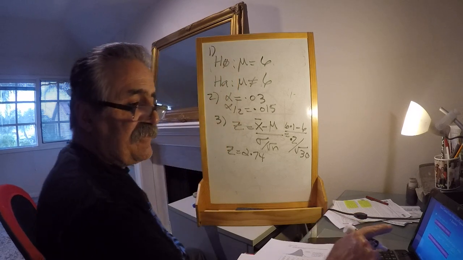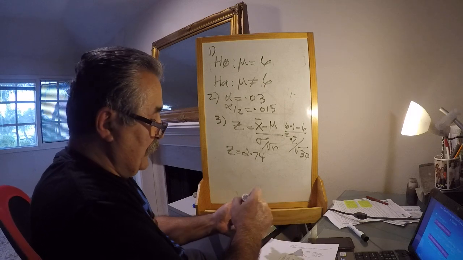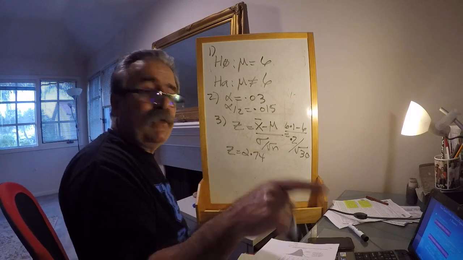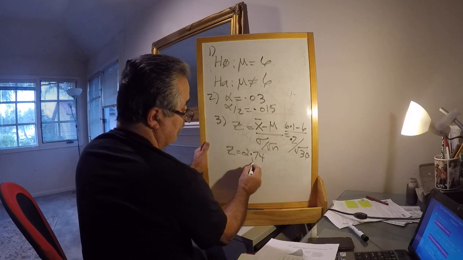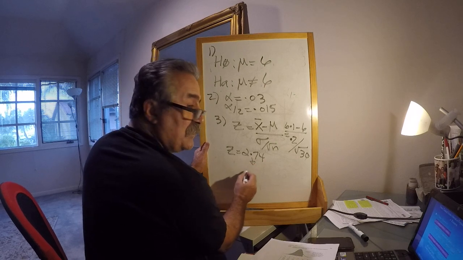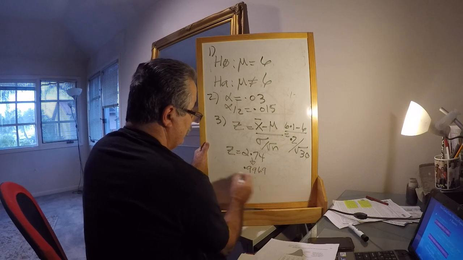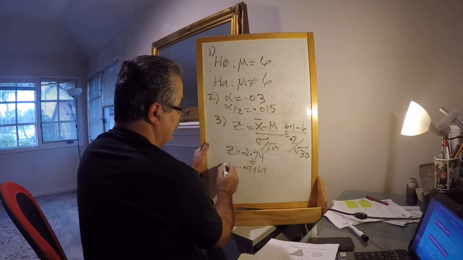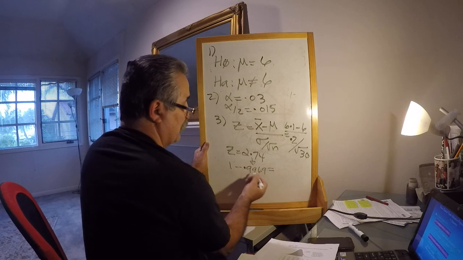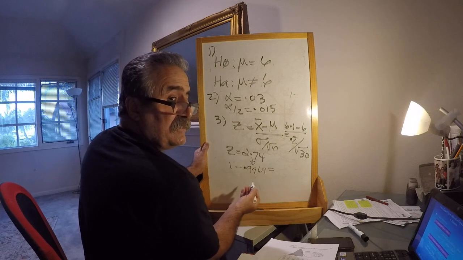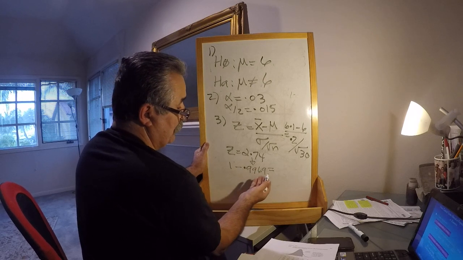In here, they have calculated a p-value. If you go to the z table, the area for this is 0.9969. So 1 minus this is going to give us the p-value, but you have to multiply that by 2.